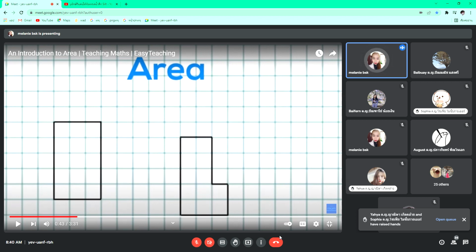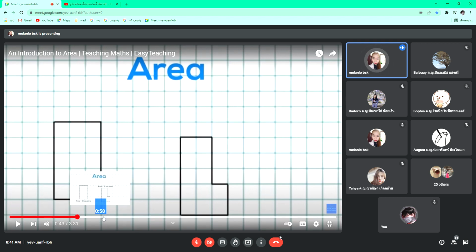Are you sure? Let's count. 1, 2, 3, 4, 5, 6, 7, 8, 9, 10, 11, 12. Very good. So for this one, the area is equal to 15 squares, and this one, the area is equal to 12 squares. Okay. Now we're going to move on, children.